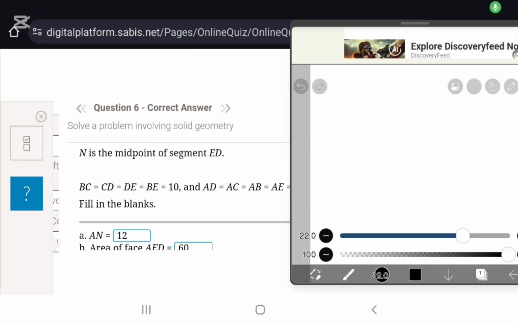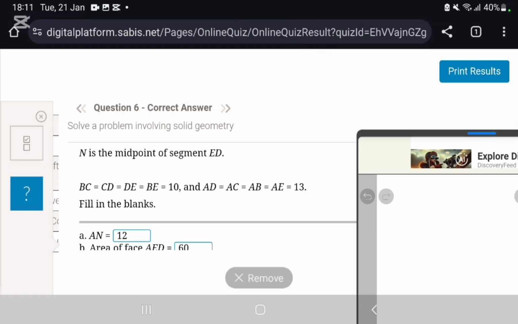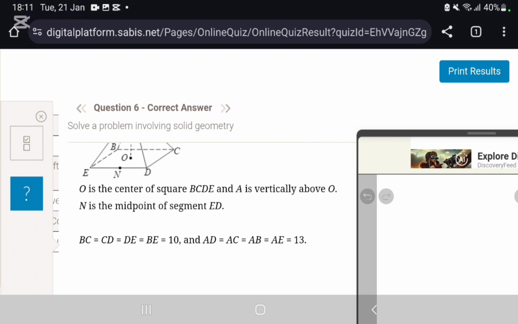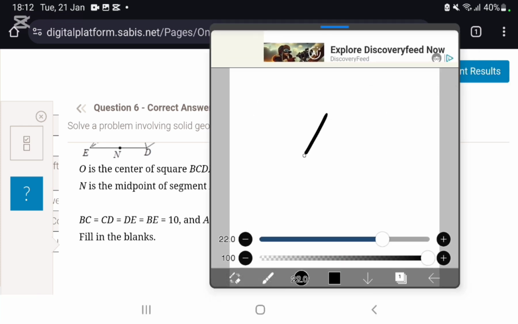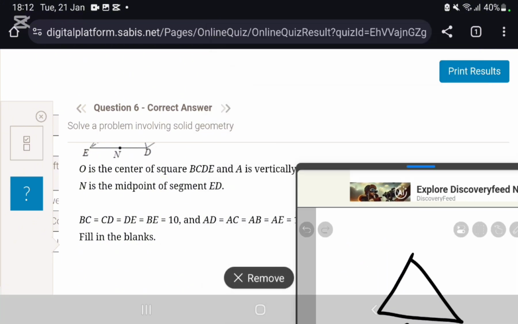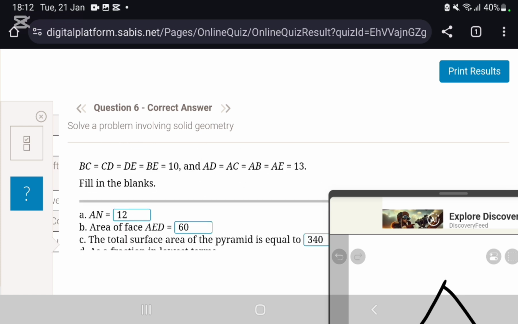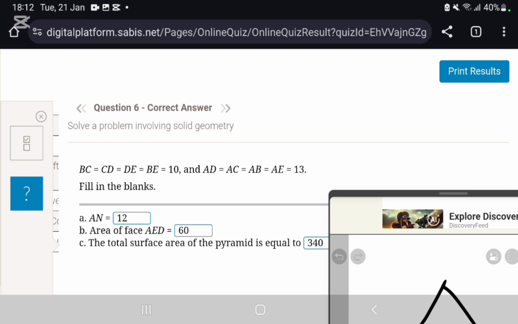Okay, so for this question, there's multiple parts to it. For part A, we're gonna have to find AN. Okay, let's draw it here. So we have ED, which is 10, and we have AE and AD, which are both 13.